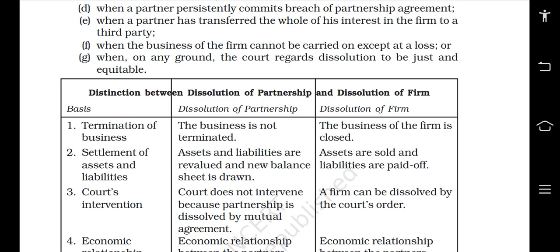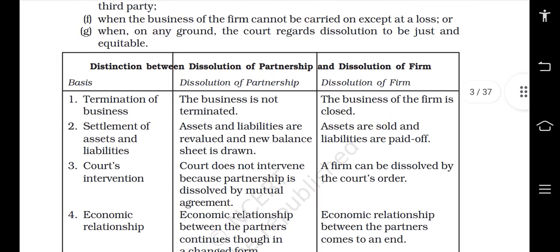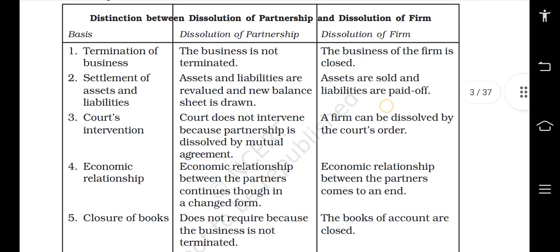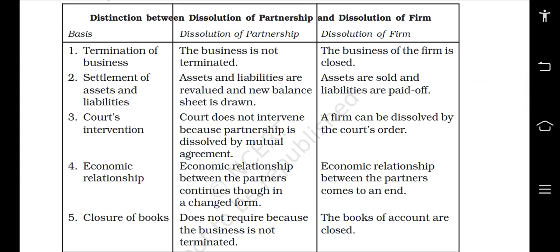Dissolution of firm means no activity is going on hereafter. The firm is completely dissolved, and nothing will go on after that. But dissolution of partnership means a change in the partnership deed while the business carries on. The terms and conditions may be changed.